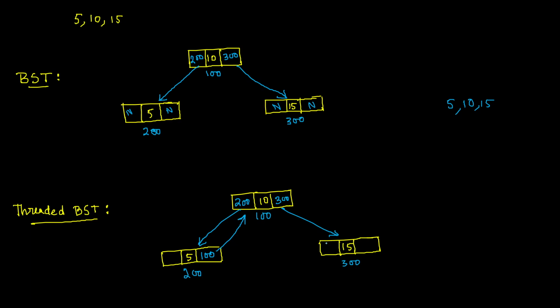Similar thing happened for the left part of this 15, because 15 has a left in-order predecessor, and the left pointer can point to the in-order predecessor. That means there are two options.